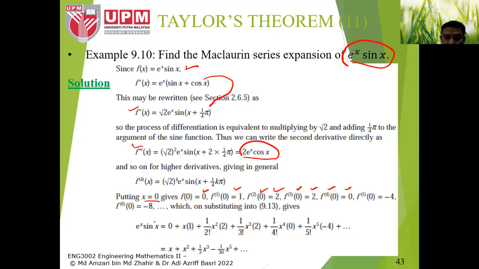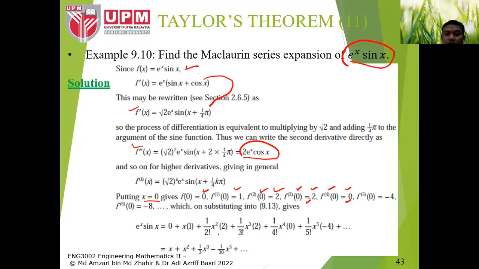So when we substitute everything into these functions, the first term is 0 plus x times the first derivative, which is 1, plus 1 over 2 factorial x squared times 2, plus 1 over 3 factorial x cubed times 2, and 1 over 4 factorial x to the power of 4 times 0, then 1 over 5 factorial x to the power of 5 times -4, and the rest.